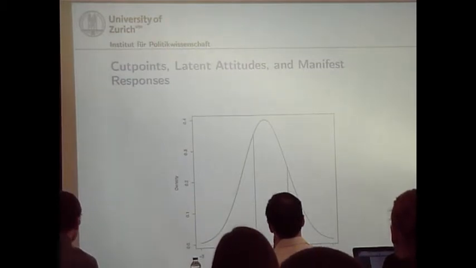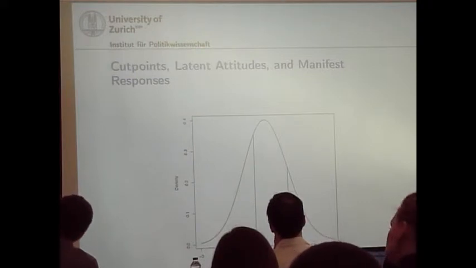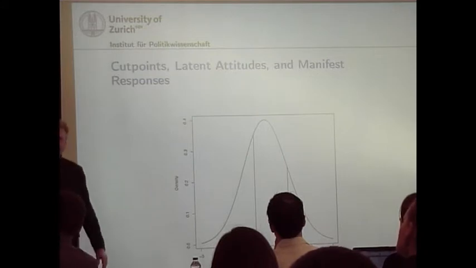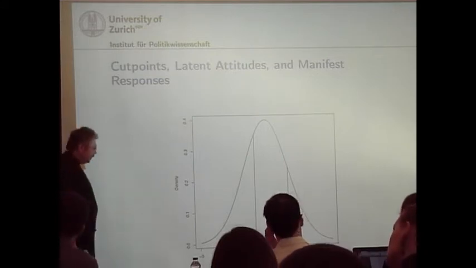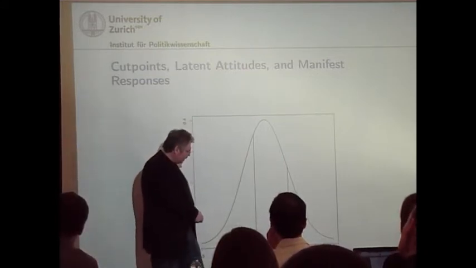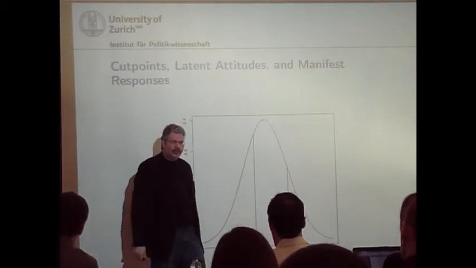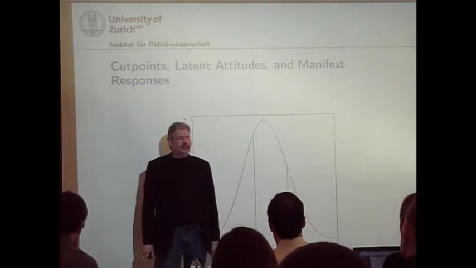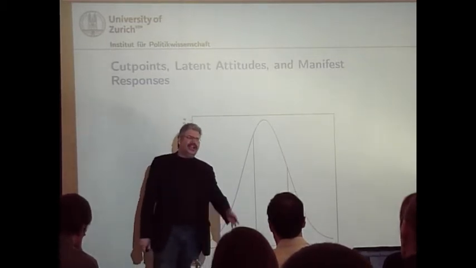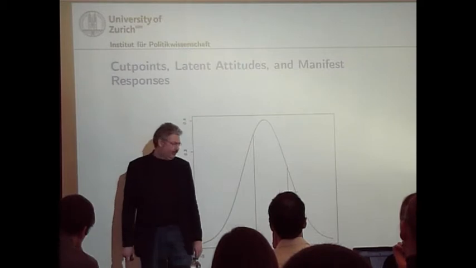Actually, I'm going to set up the model a little differently from what I just told you. I'm going to talk about the cumulative responses. First I ask, what is the probability of giving a response greater than 1? That is, what is the probability of being at least neutral to the statement?